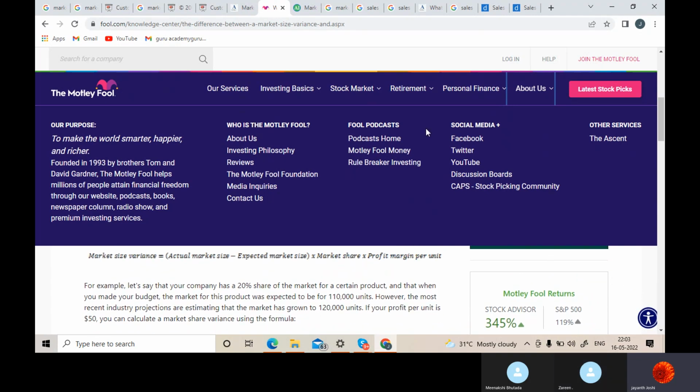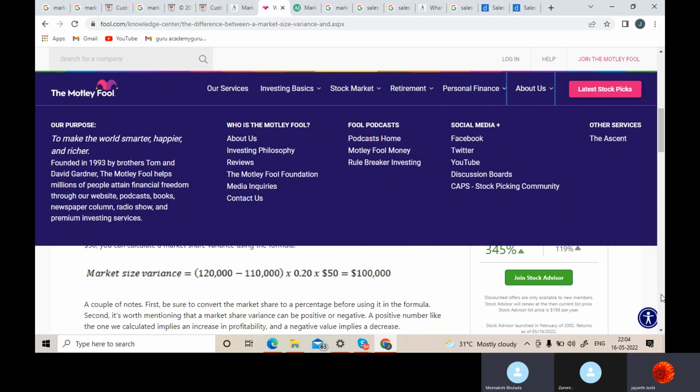Somewhat just a figure here and there changed. The answer is 1 lakh. Market size variance.